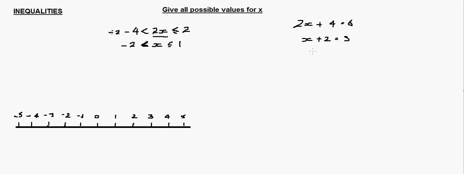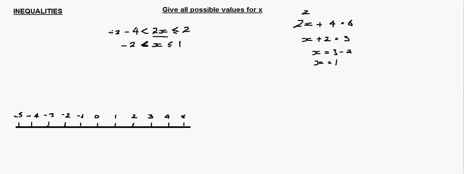So x would equal 3 minus 2. So x would equal 1. Now if x equals 1, 2x equals 2. So 2 plus 4 equals 6. So we can do this. As long as I do something to the left hand side and do it to the right hand side, this is totally okay. Okay? So we're doing exactly the same here.